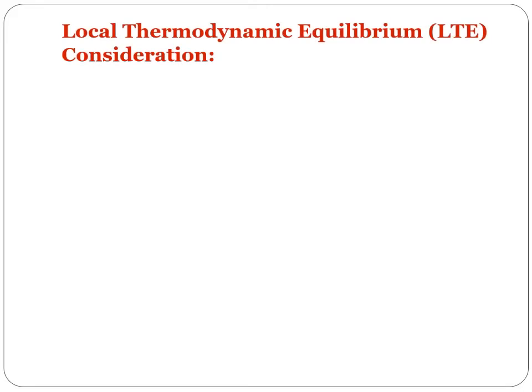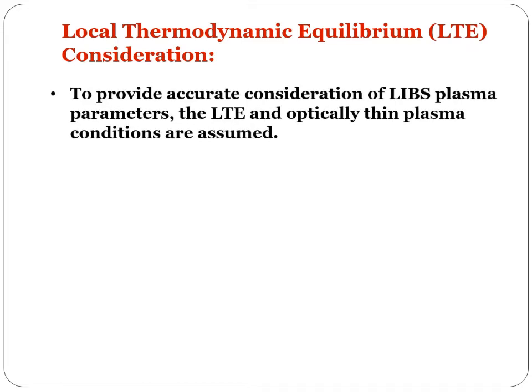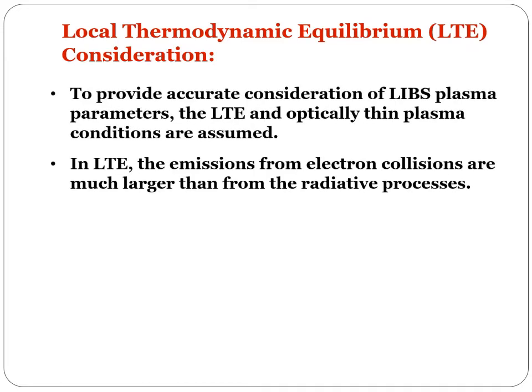Of course, we have different types of plasma and different conditions which can be applied to generate such plasma. One of the most important conditions is local thermodynamic equilibrium, in which we consider the observed plasma to be optically thin, where the electron density is almost equal to the plasma density, and the density of ions is almost equal to the density of electrons.